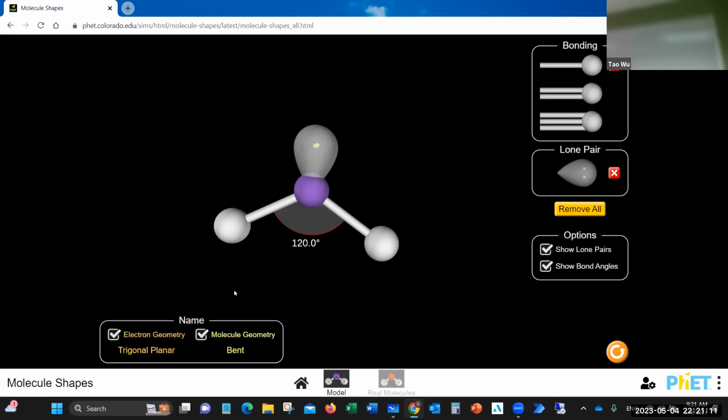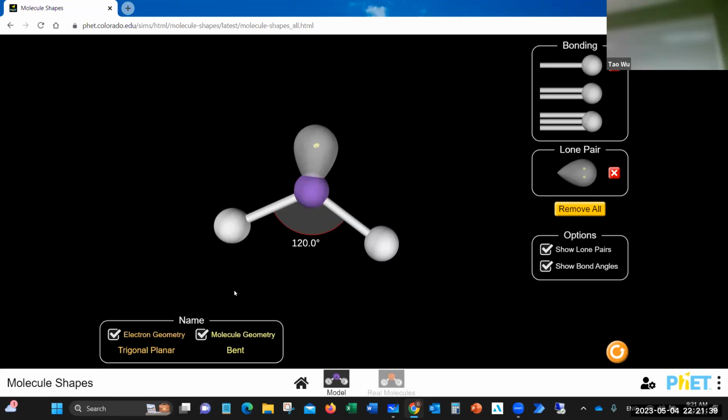The rest of this is not trigonal planar anymore. It becomes a new shape. Although the lone pair occupies space, there is a new shape, and this new shape is called a bent shape. There is no more trigonal planar, but a bent shape.